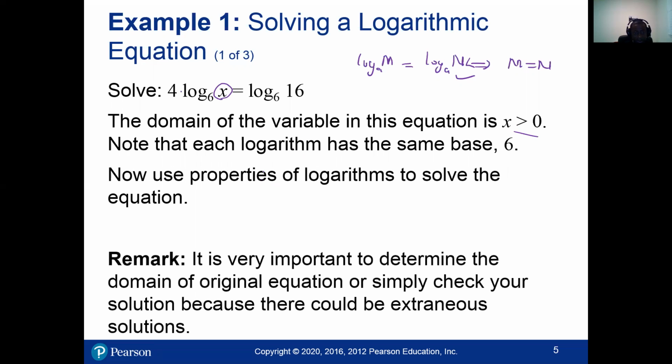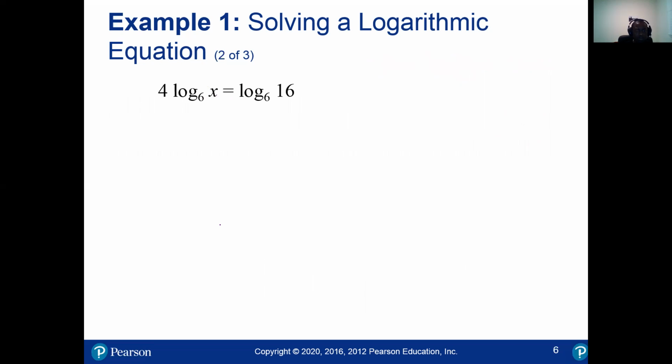Now let's give a remark. It is very important to determine the domain of the original equation as we have done, or simply check your solution at the end, because there could be extraneous solutions. I'll show you how that is done.